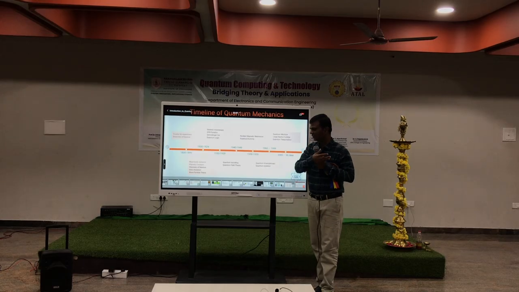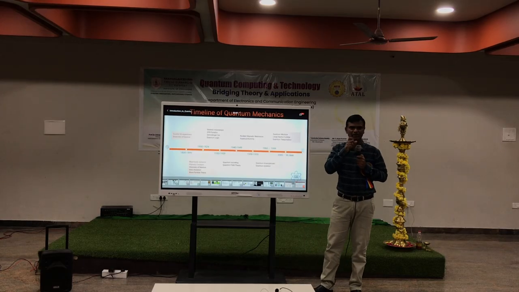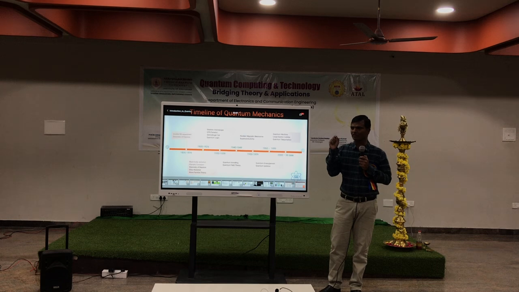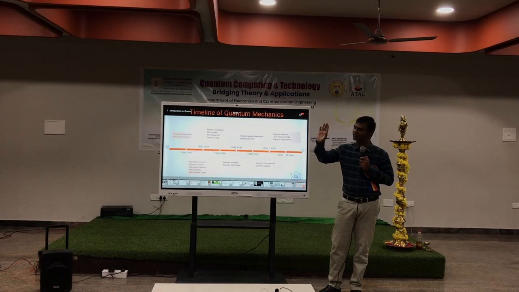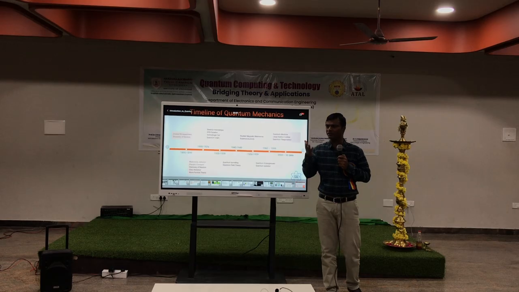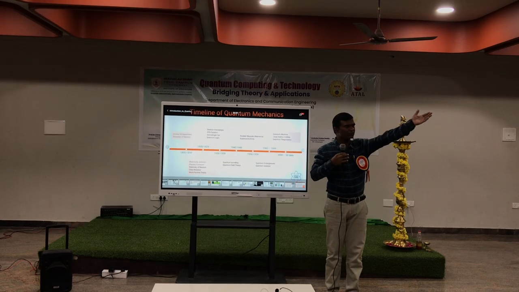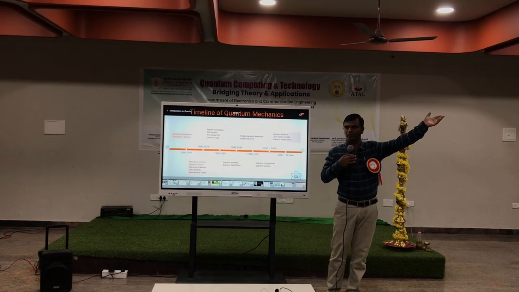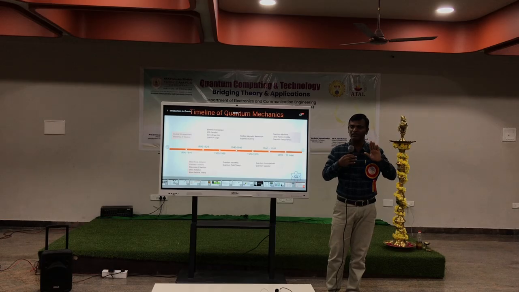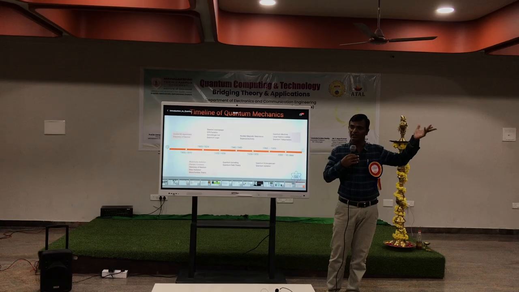Quantum tunneling: what I have told is that if you throw a ball at a barrier, it will come back, but when you throw a small subatomic particle, it will go through to the outside. Think about it: if you shout from here, somebody staying outside the room can hear your sound, even though there is a barrier.